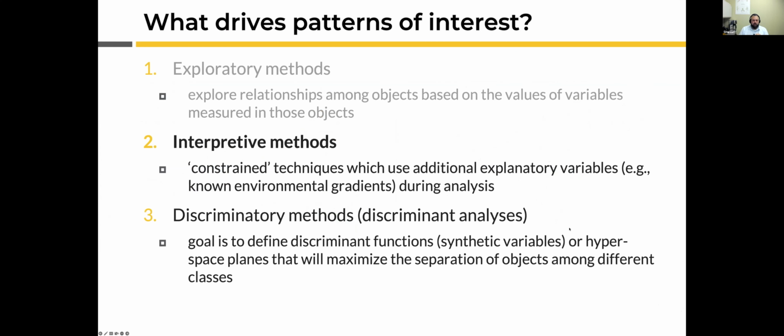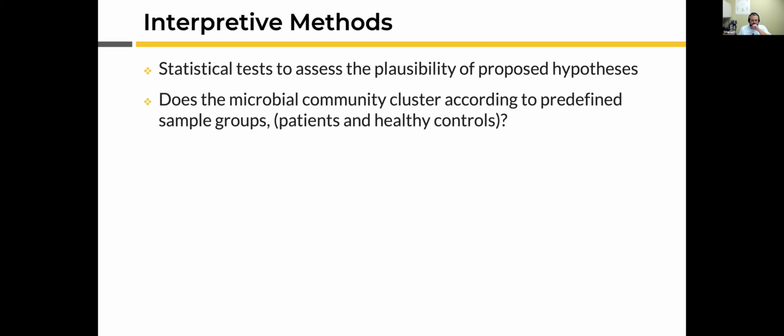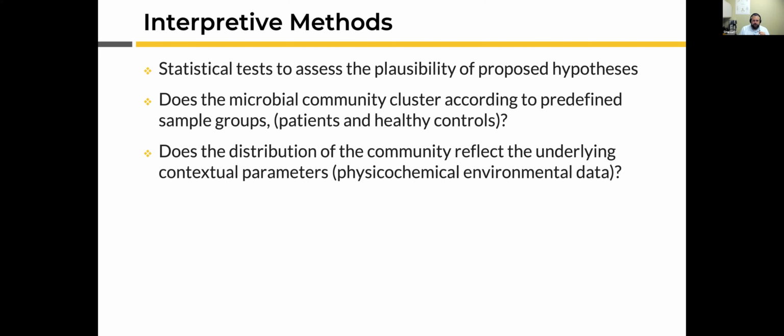Okay. So we've looked at exploratory methods, the visual representations, and now how do we quantitatively, or rather statistically, compare these? We need to come up with some statistical measure to test some hypothesis involving community comparisons. These are some of the questions that we can ask.